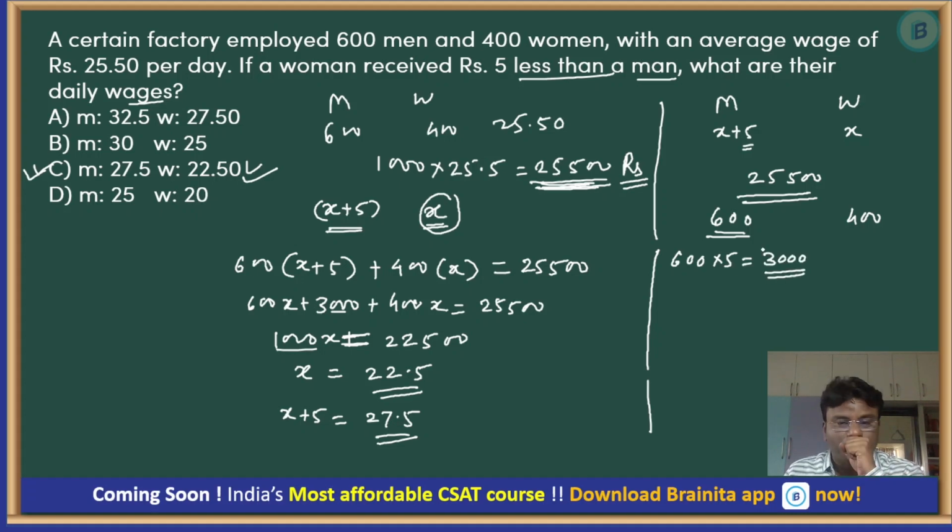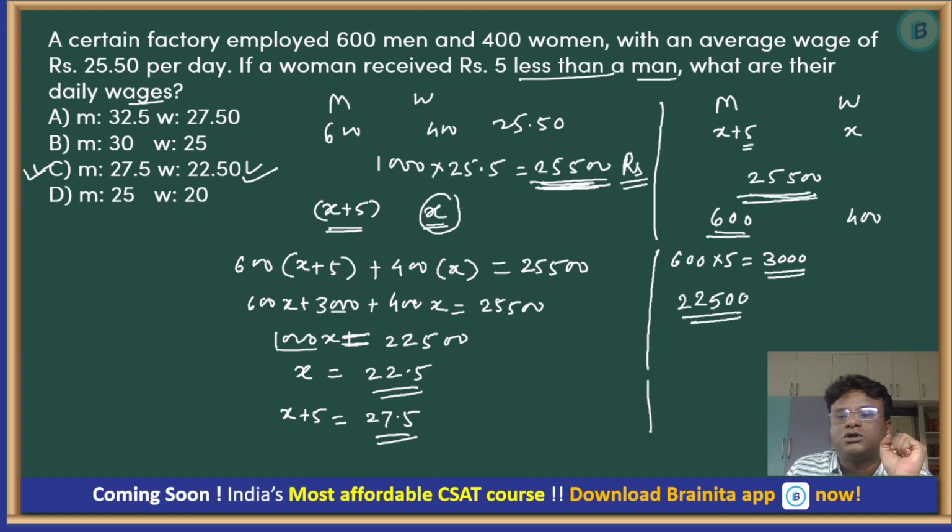So these 3000 rupees are the extra amount that these 600 men received, which is more than the average of women. Each man received 5 extra, so the total extra amount that 600 men received is 3000. If you remove this 3000 from 25,500, you get 22,500.